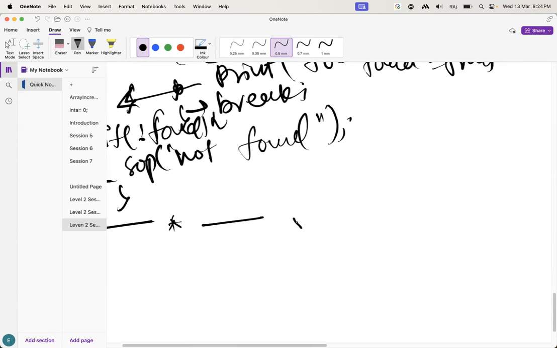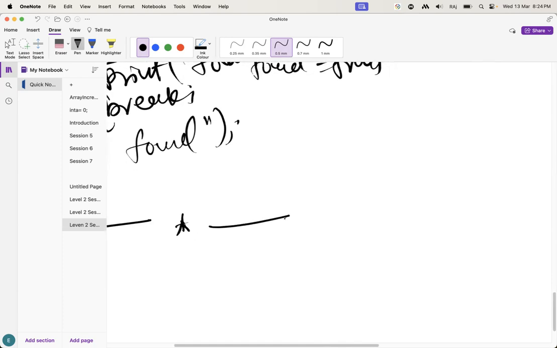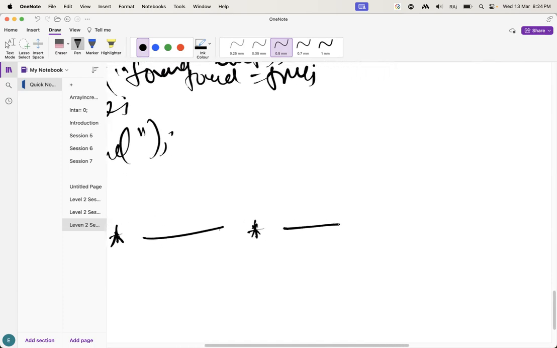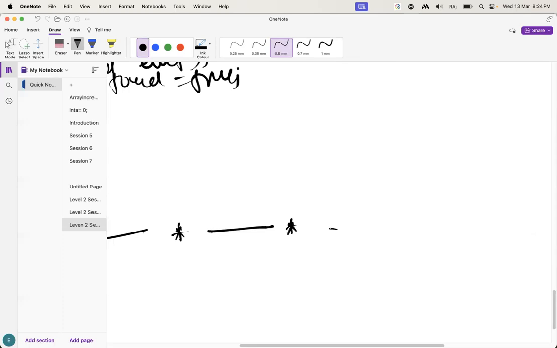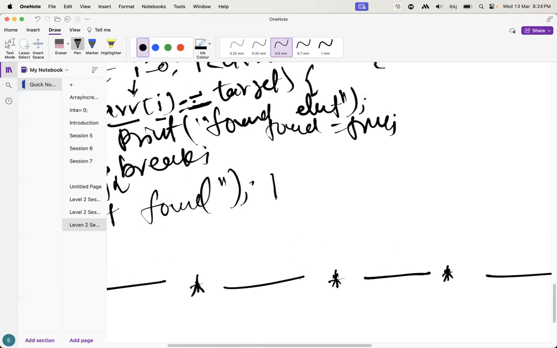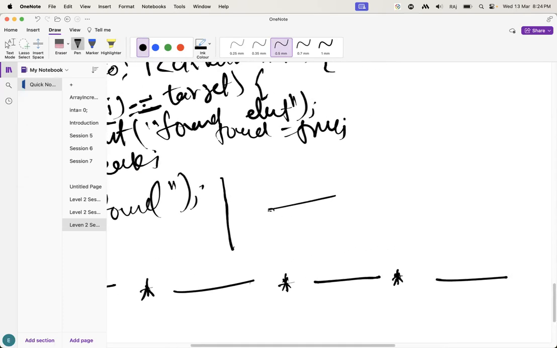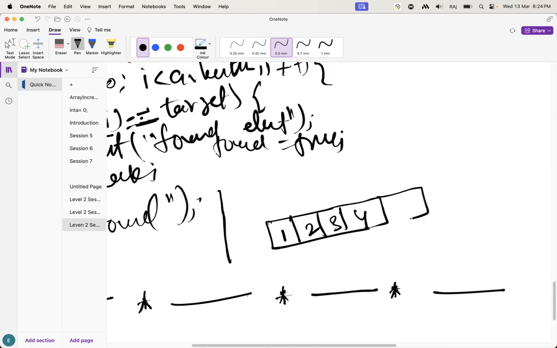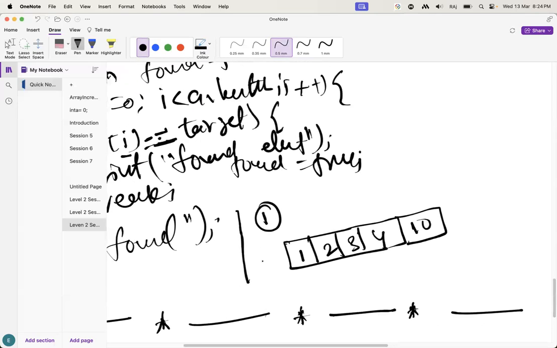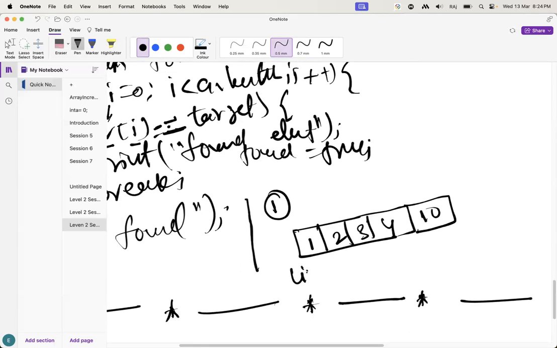Okay, fine. Now we are going to implement the binary search. Guys, what is meant by binary search? Let's suppose the array is sorted: 1, 2, 3, 4, 10. Is it necessary to use linear search?